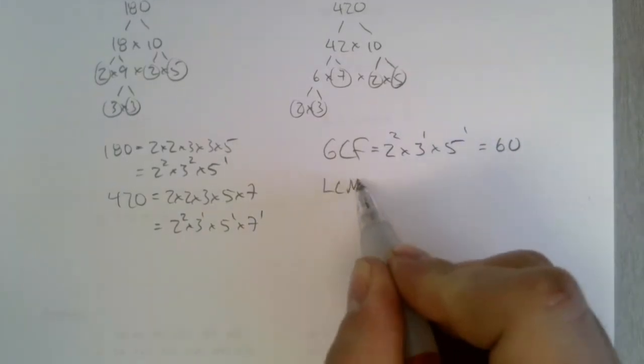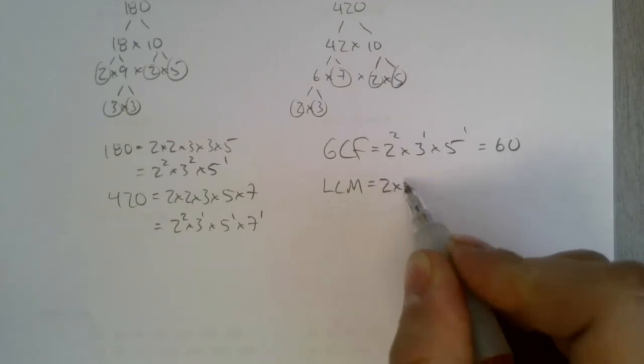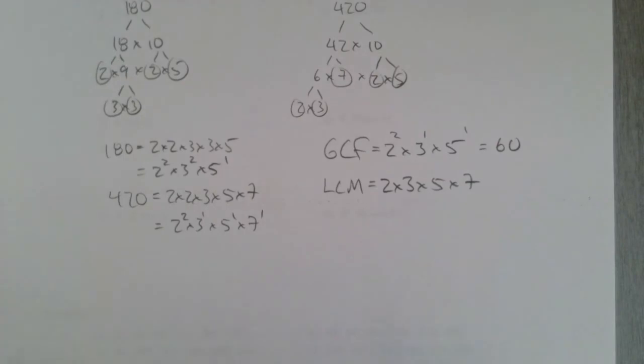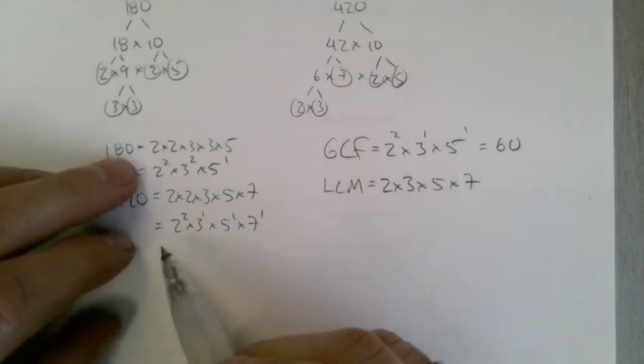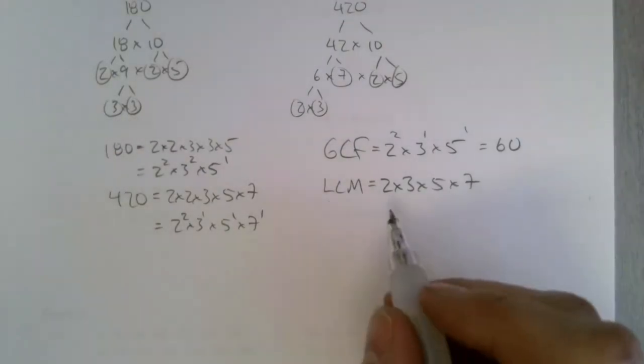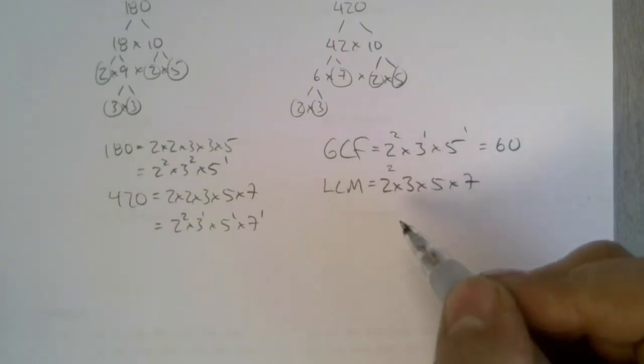My least common multiple uses all of the unique factors, so 2 times 3 times 5 times 7. And again, when I say unique factors, what I mean by that is just all the different numbers that show up. I don't care if they're shared by both of them, just if it shows up, I'm going to list it down here. But now I'm going to use the largest exponent, so between the 2's, it's still going to be just a squared.